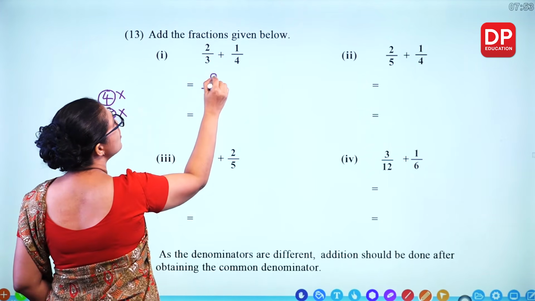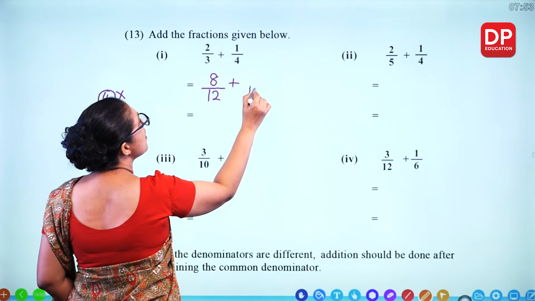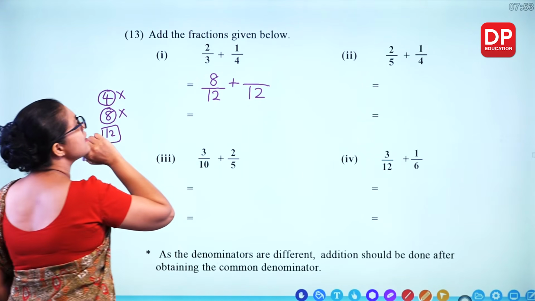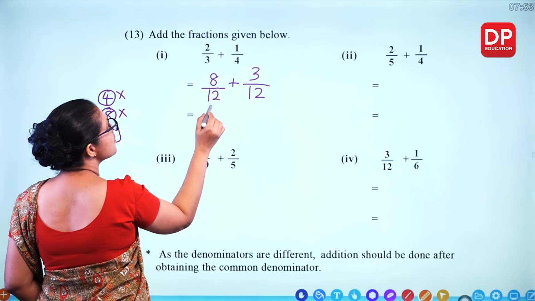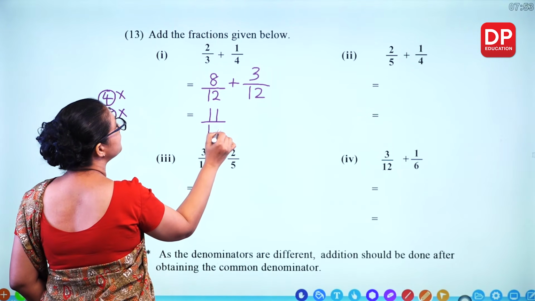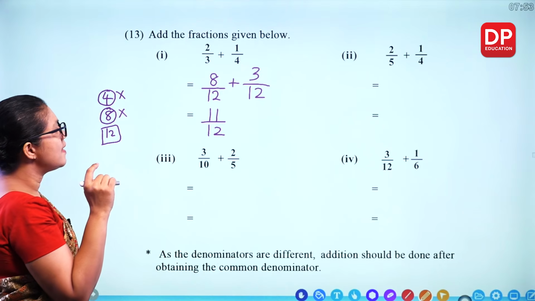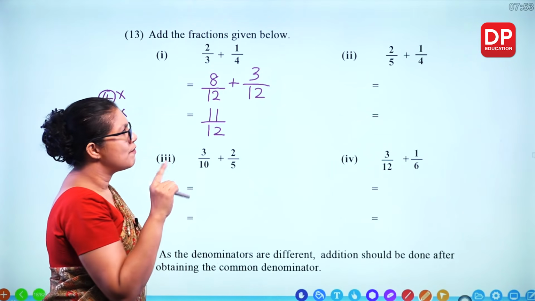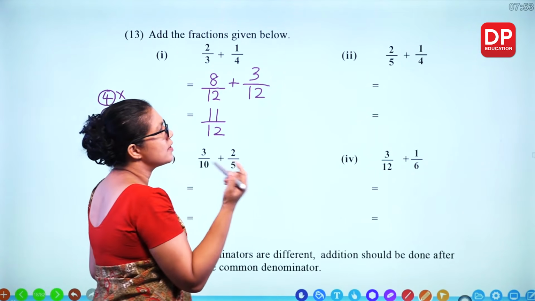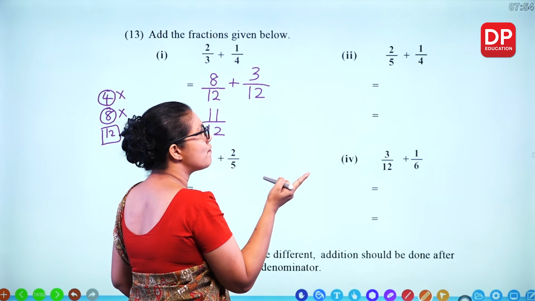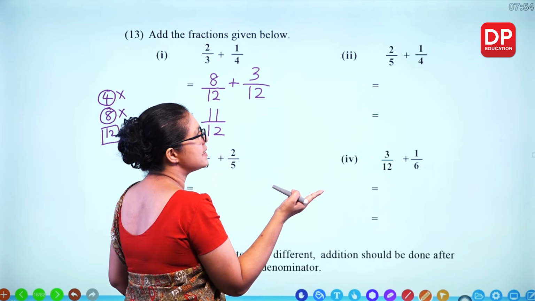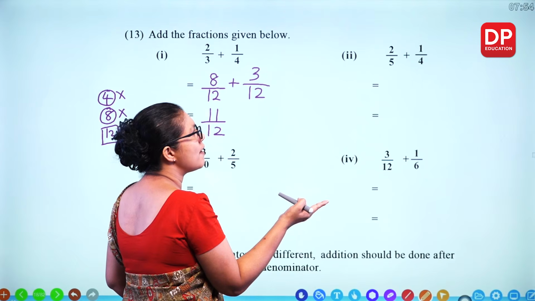4 times 2, here 8. So this one 12, 3 times 4. So 3 times 1, 3. 8 plus 3, 11. So the answer is 11 over 12. 5 and 4. What's the largest one? 5. 5 is not divisible by 4. Next multiple, 10. 10 is not divisible by 4.